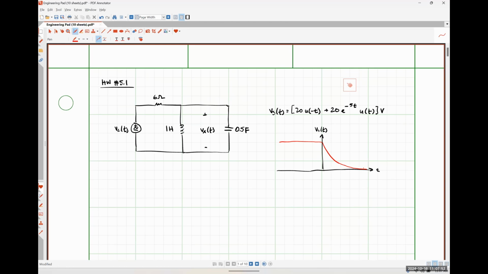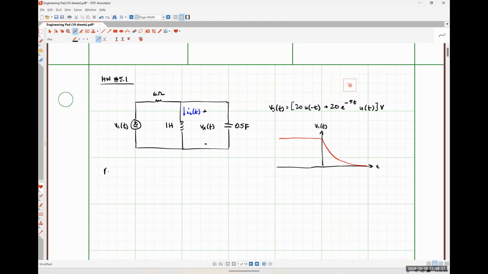And then we're going to use those pieces of information to build our S-domain circuit model that is valid for t greater than or equal to 0 plus. Okay. So just for the sake of argument here, I'm going to define this current IL of t like so, and I'm literally only going to pay attention to that at 0 minus, because I need those initial conditions to build my S-domain circuit for 0 plus. Okay.